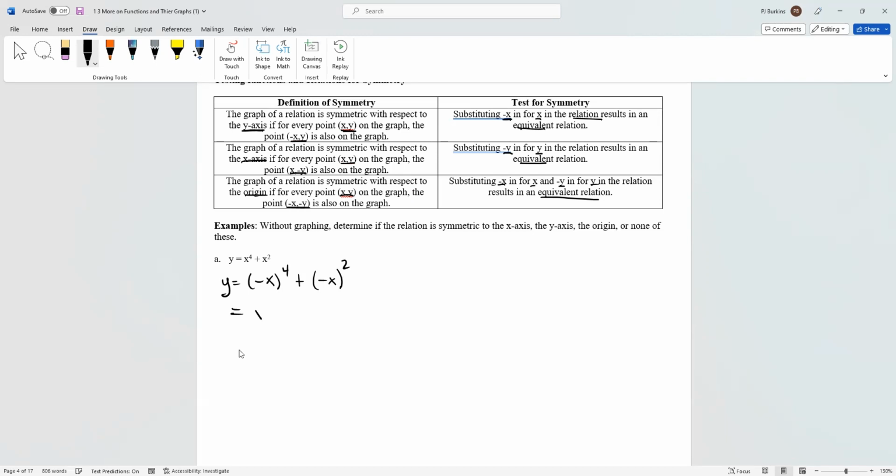That's going to give us x to the fourth plus x squared. Remember, a negative value to the fourth power is negative times negative times negative times negative, which results in a positive. So these are even powers. When we multiply them, we get back positives. That is exactly what we started with, and therefore this has symmetry about the y-axis.